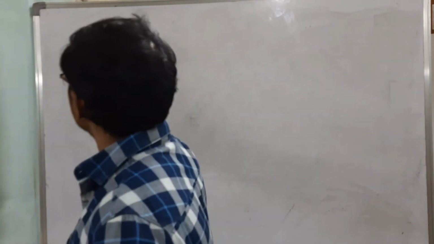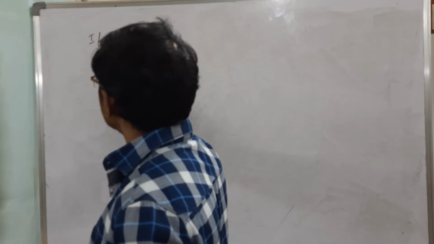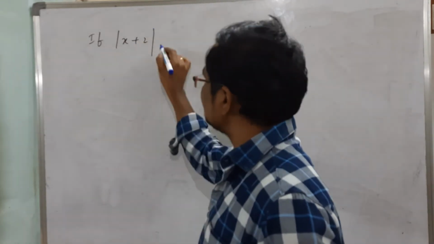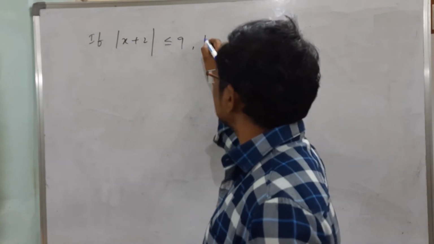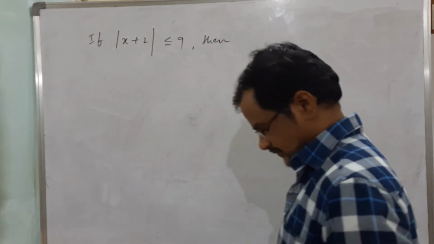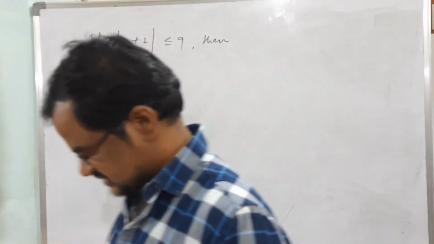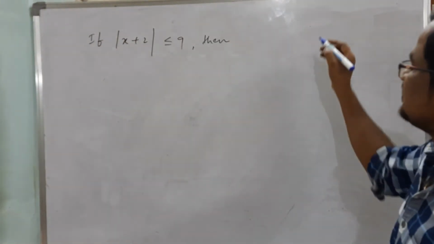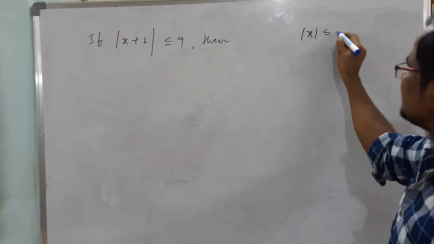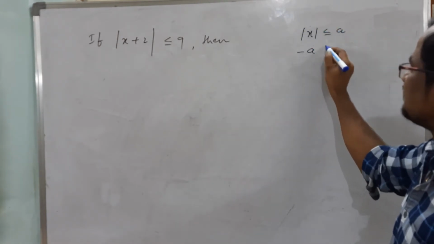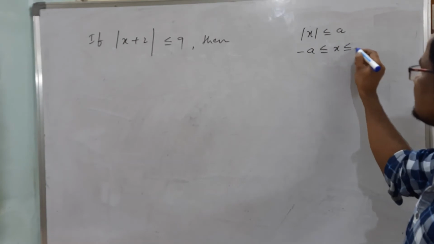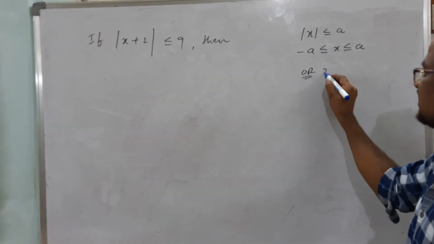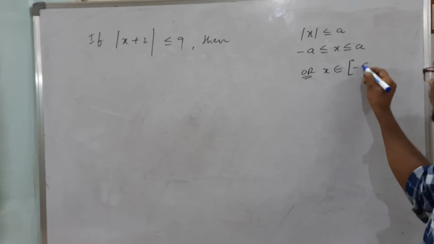Next problem: if modulus of x plus 2 is less than or equal to 9, then, and here also four options are given. Here we use the result mod x less than or equal to a, which is minus a less than or equal to x less than or equal to plus a, a closed interval.